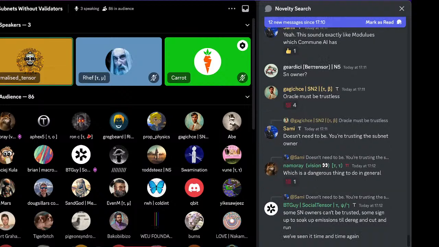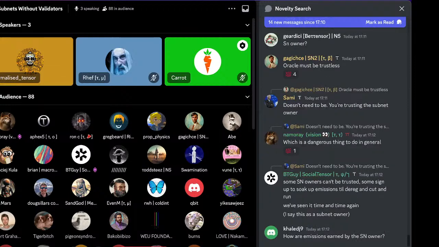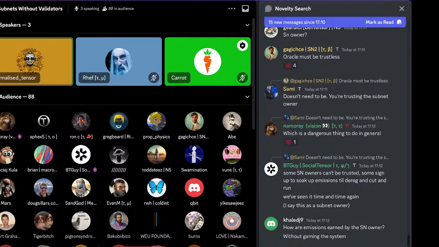Consider the subnet not having significant advantage. Oh yes, Namori, I agree. So Ref, you say that the off-chain worker and subnet owners are just a singleton validator. Yes, but again, this is just high level.